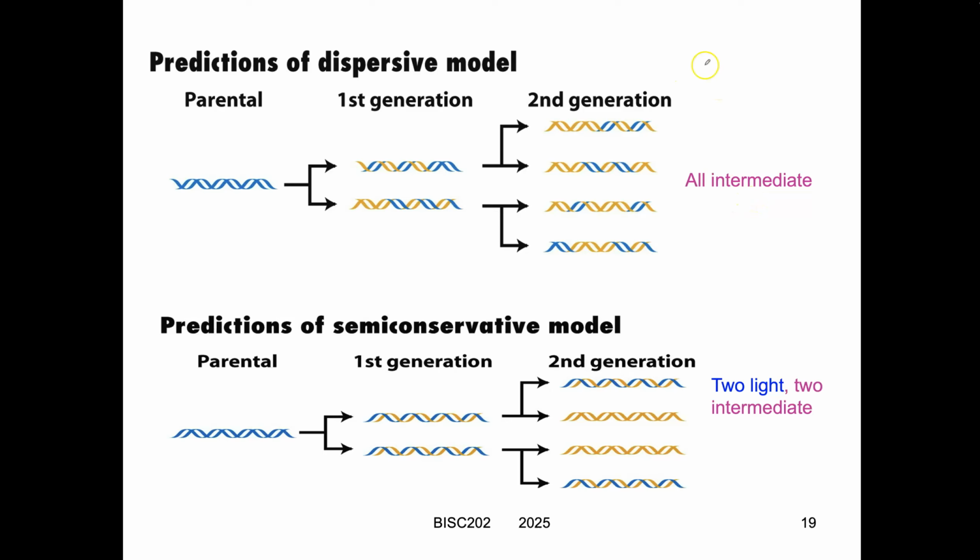And so if we just look at, so this would be sort of where the heavy should be, and this would be where the light should be. And then after the first generation, you would get this intermediate band, which is sort of right in the middle here. So that's what they would get. But then all of these molecules, they're intermediate.